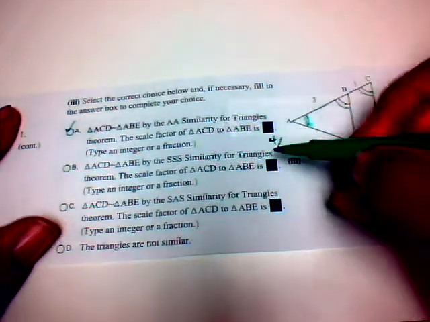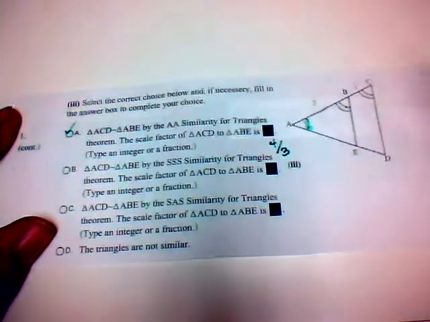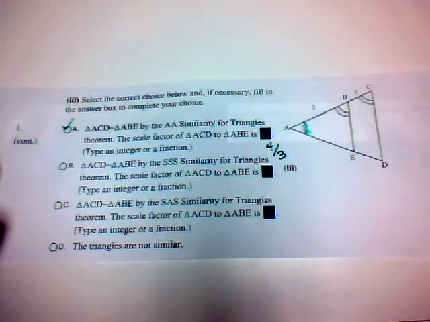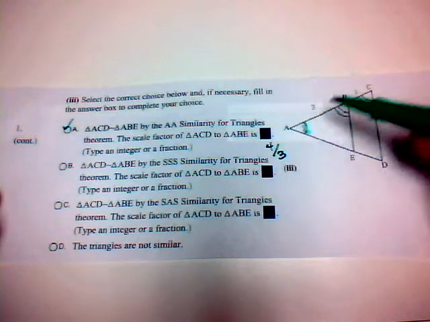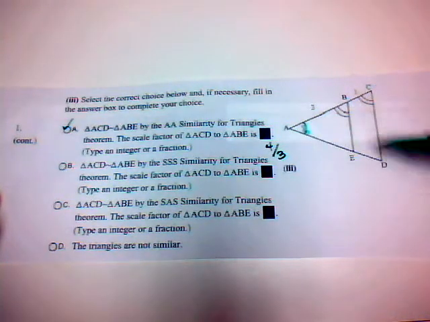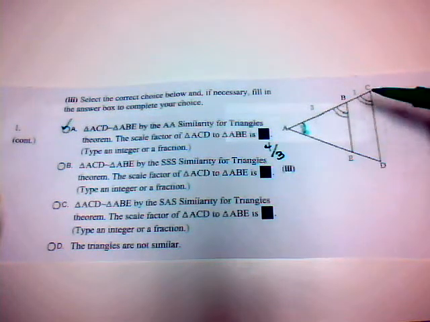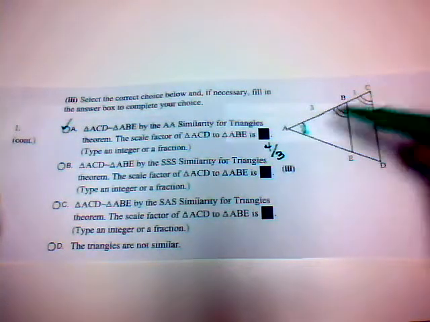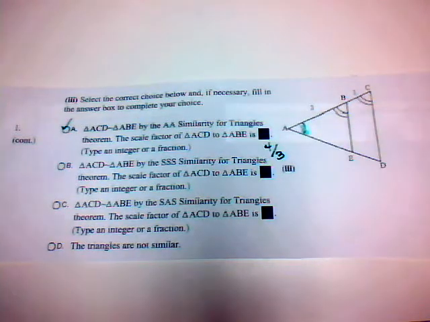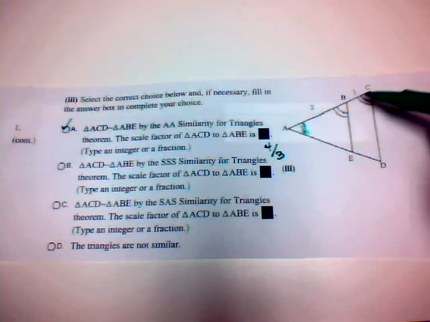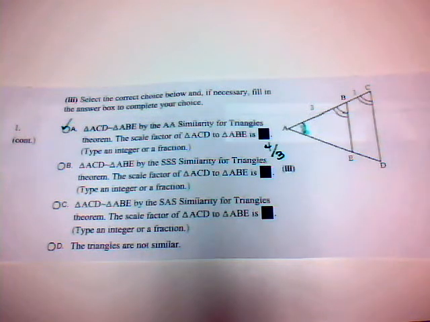AB has a length of 3. So the scale factor would be 4 over 3. The 4 came from, for ACD, adding the lengths of AB and BC together to get AC, 3 plus 1, which is 4. And keep in mind, BC, of course, is not a side of that particular triangle.